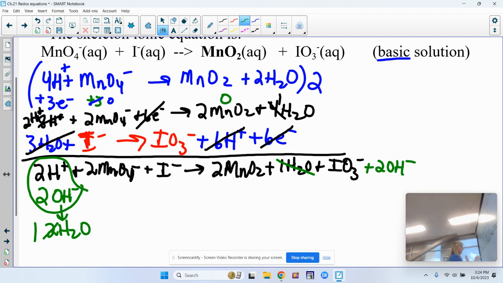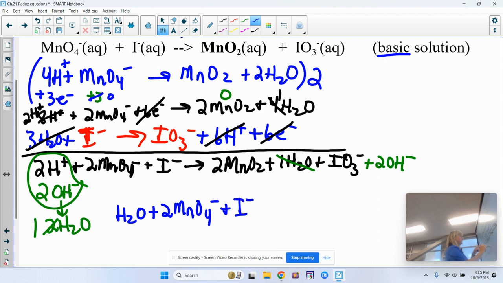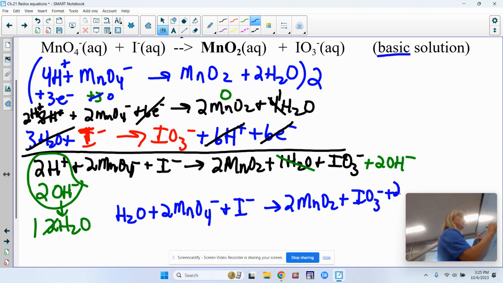And my final reaction will be, let's see, let's write this one back in blue. So my final reaction will be, there's 1 water plus 2 MnO4 minuses plus an I minus goes to 2 MnO2 plus an IO3 minus plus 2 OH minuses.